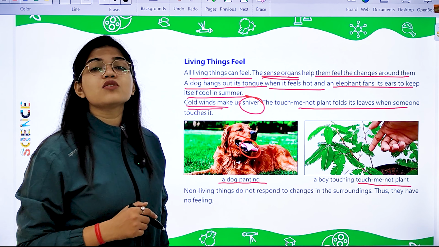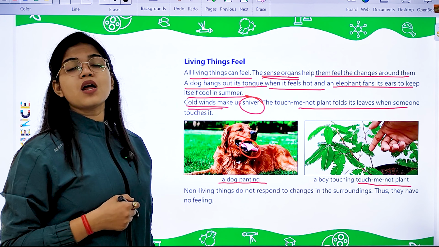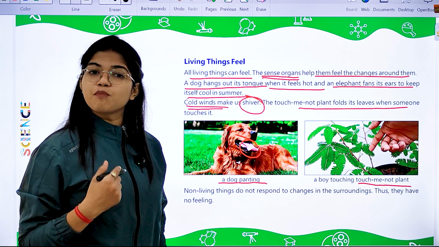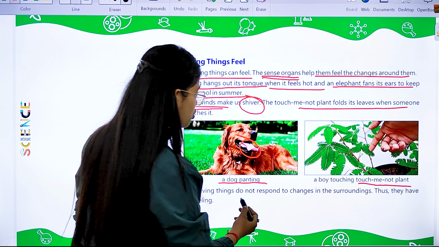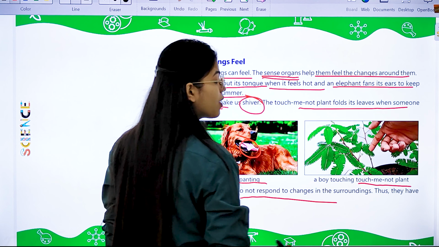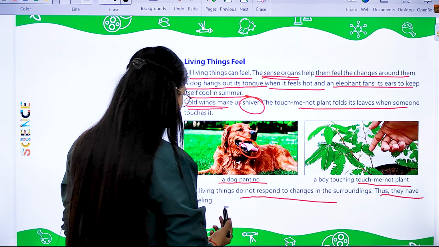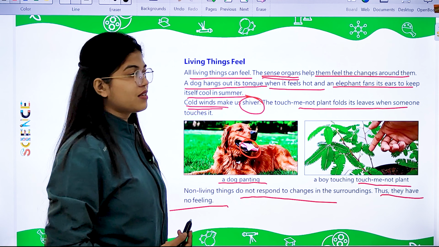Why? Because these all are living beings. They can feel the changes around them, and then they can respond to them. But non-living things do not respond to the changes in the surroundings. Why? Because they do not have any feeling. They are lifeless.